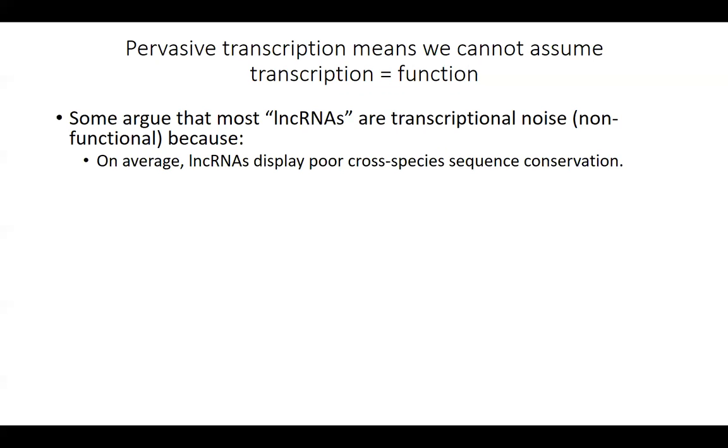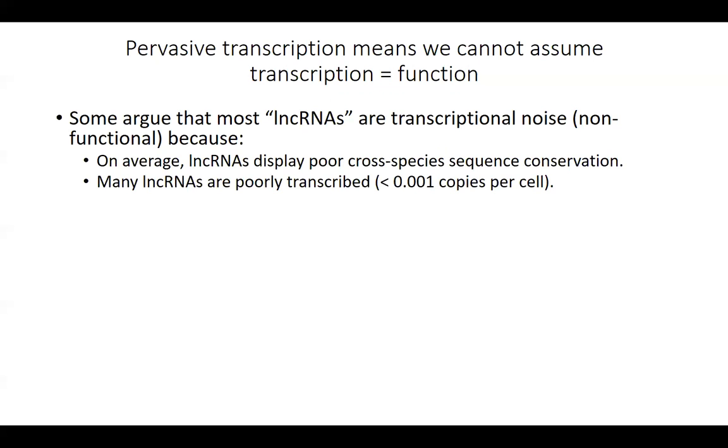because sometimes we don't see lncRNAs actually being conserved across species. So it's not like you have a protein like hexokinase. You can find that in every organism. lncRNAs are kind of species or closely related species specific.